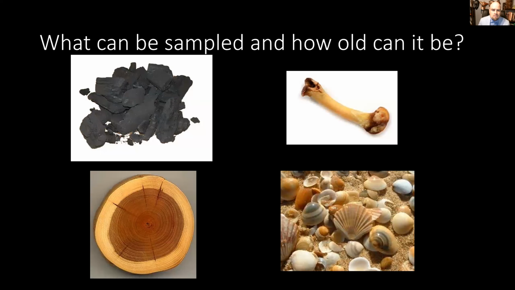And the other thing we have to keep in mind is, what are we dating with all of this? So with carbon dating, you can use charcoal, you can use wood, you can use bone sometimes, but we're not always dating the things themselves that we want to date. Sometimes we're dating things surrounding those things. This is the same with all of these. With optically stimulated luminescence, we might be dating soil levels that are covering things that we want to date.